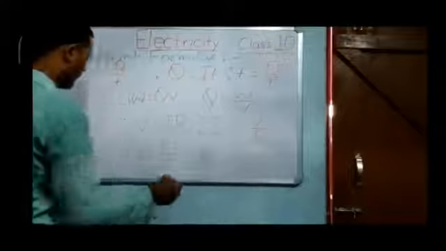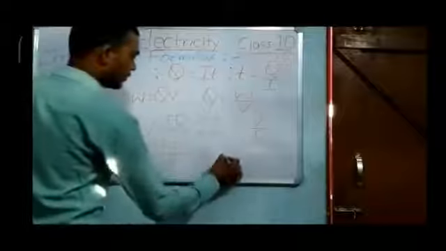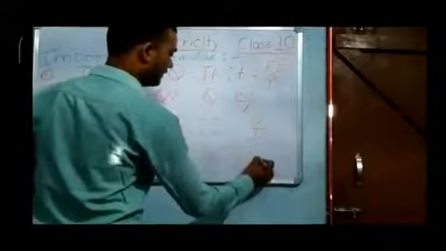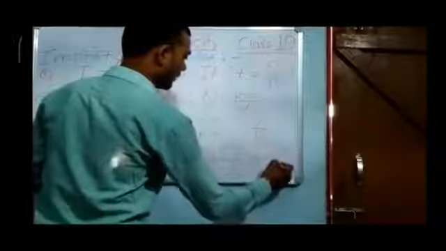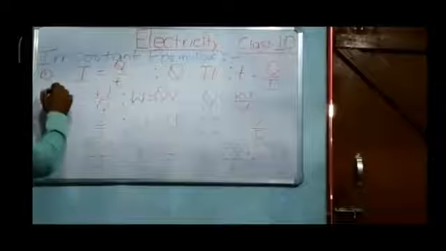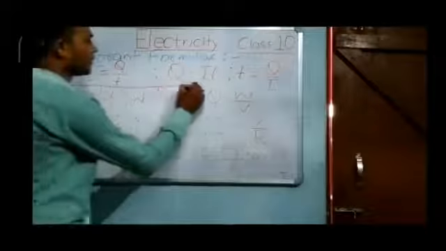Resistance equals rho into L upon A. Or A equals rho into L upon R. So these are the important formulas we got during the classes. We have to remember them.